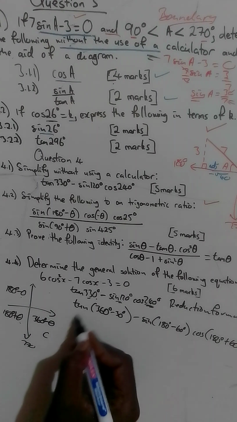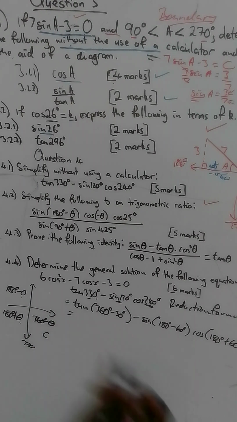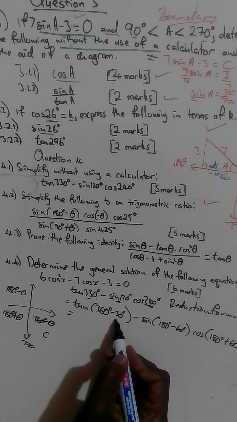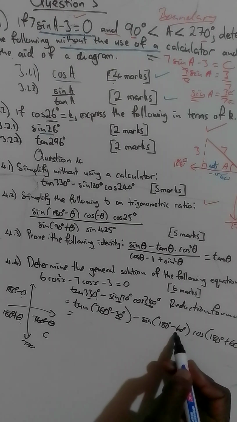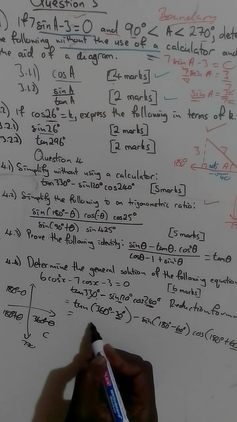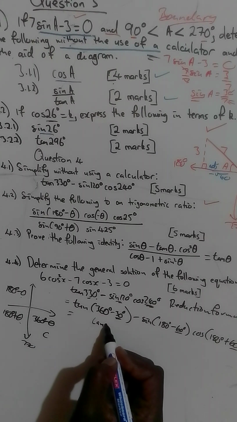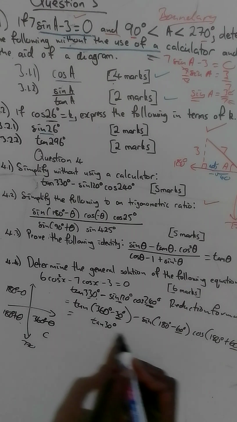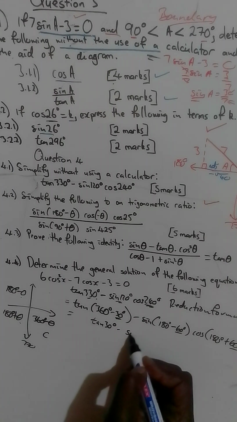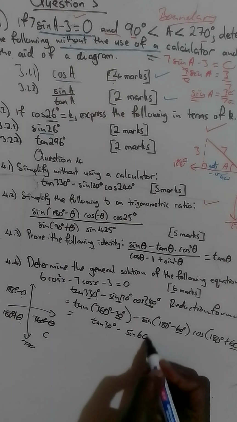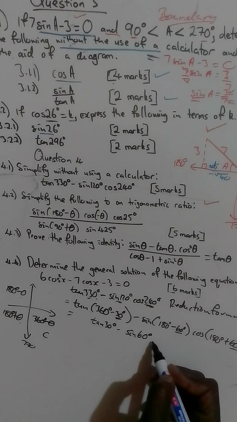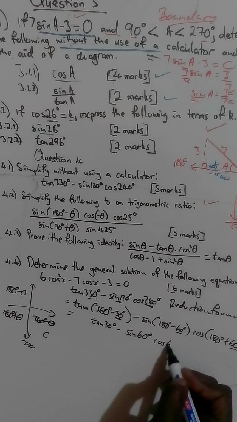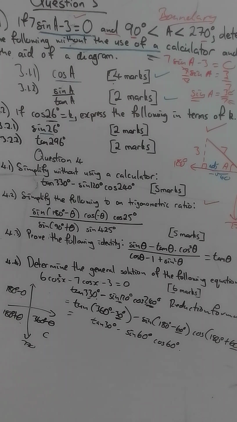Then on the next step, we are now going to be using the reference angle, which is these acute angles. Now I say I've got tan 30 degrees and then minus sin 60 degrees multiplied by cos 60 degrees.